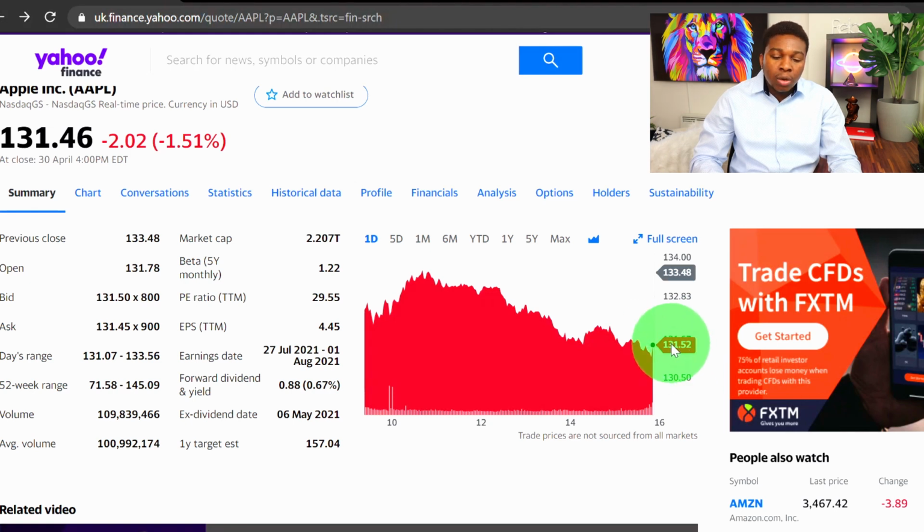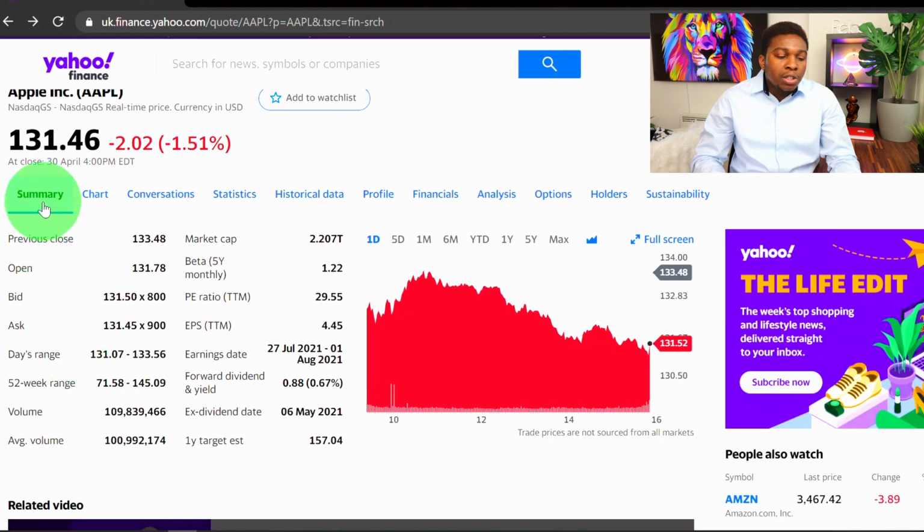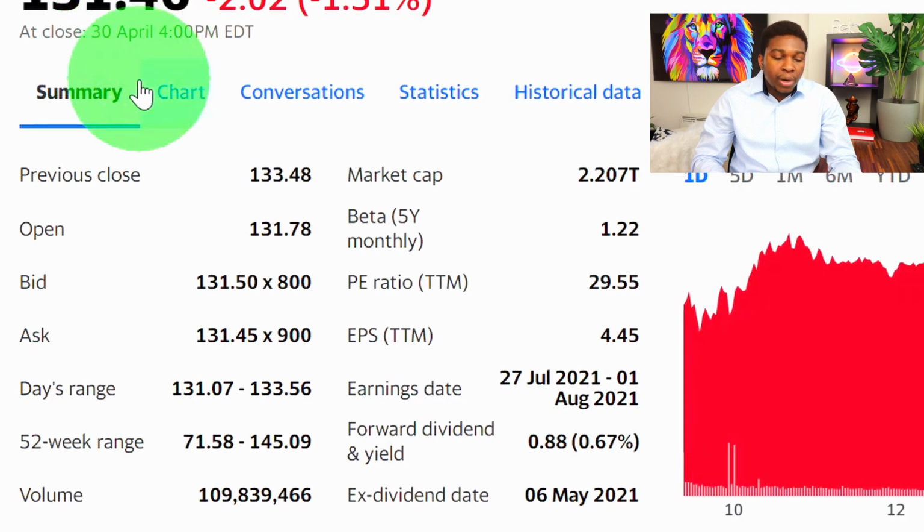And that's why you're seeing this price, 131.52, for the price of today, which is Sunday. The order will be executed even when the market is closed. So they are the ones that fluctuate the price of the market. The information we are seeing here on this summary part is for Friday, 30th of April.